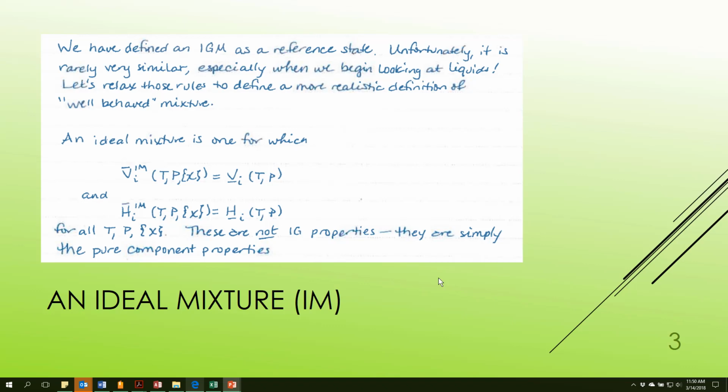Now, this is going to be true for all temperatures, pressures, and compositions. However, it's not truly a function of composition because it must be equal to something that is a function of temperature and pressure only. Now, these are not going to be ideal gas properties. They're simply the pure component properties. So this is why an ideal mixture is easier to obtain than an ideal gas mixture.